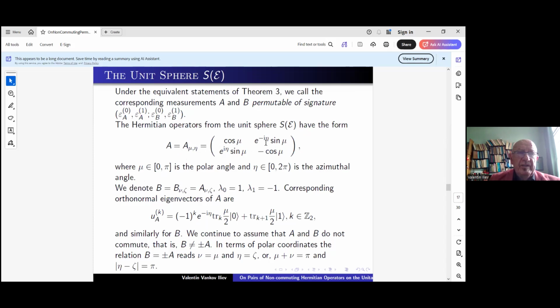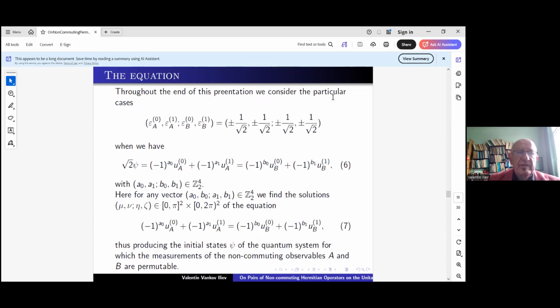So here is the general form of operators with spectrum 1 and minus 1, invertible, of course. Corresponding eigenvectors are those, and we discussed this. Now, through the end of this presentation, we consider the particular cases, and then we get that square root of 2 times Psi is this expression.